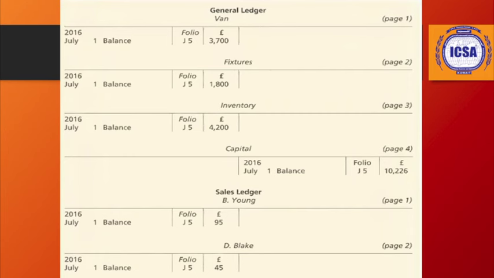All customers, all accounts receivables are recorded in sales ledger, all accounts payables are recorded in purchases ledger, and the rest of all T accounts will be recorded in general ledger. We can see here van, fixture, inventory, their T accounts are kept in general ledger. And these two customers, accounts receivables, credit customers, B Young, T Blake, they are recorded in sales ledger. In the same way there will be another purchases ledger that will be recording all suppliers, credit suppliers.